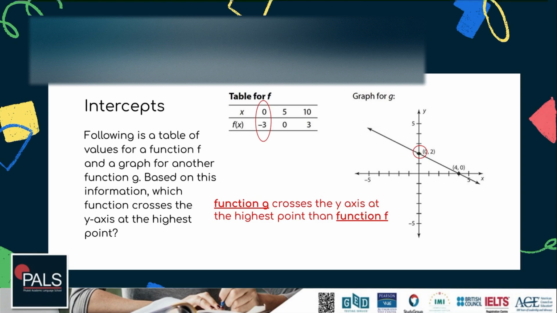According to the table, when x is 0, f(0), y equals minus 3. But for g(0), it is 2. The question is which function crosses the y-axis at the highest point. So 2 is more than minus 3, so the answer is function g crosses the y-axis at a higher point than function f.